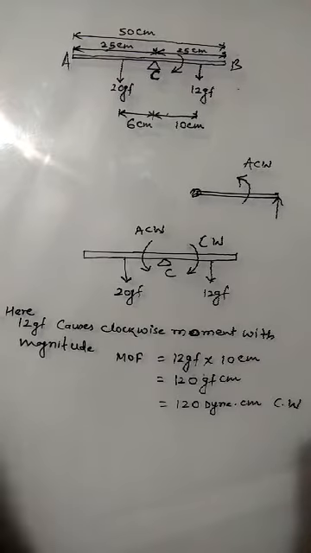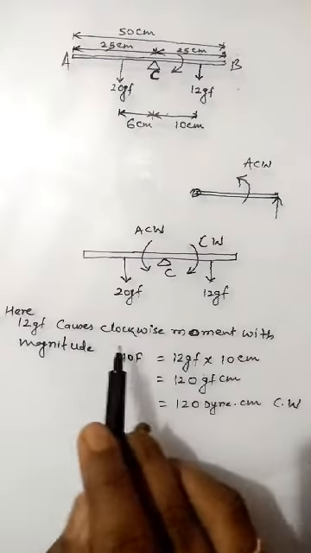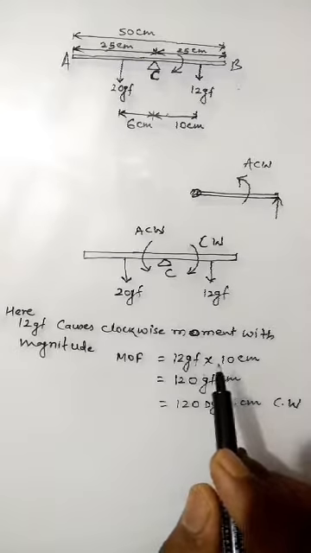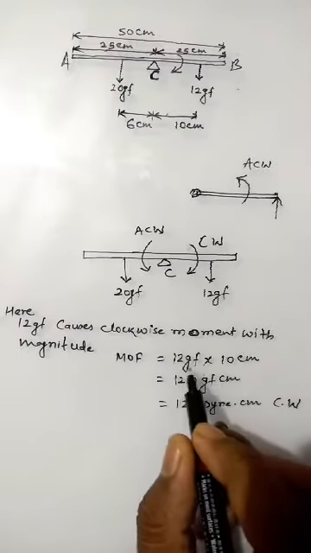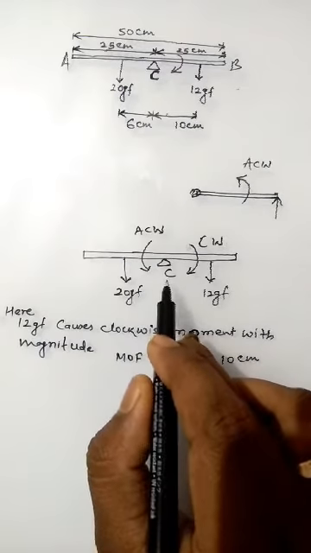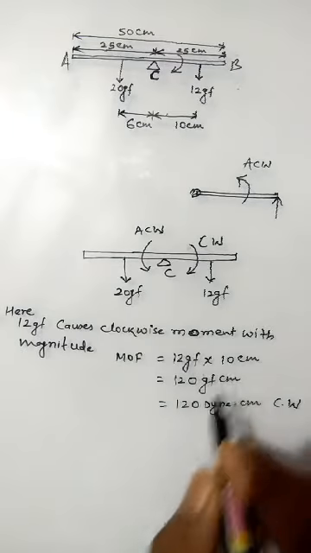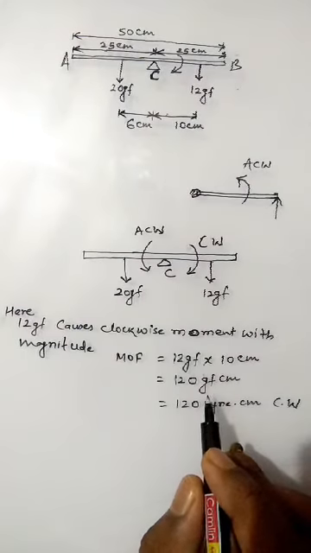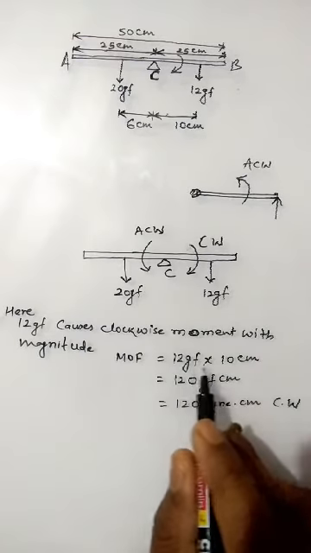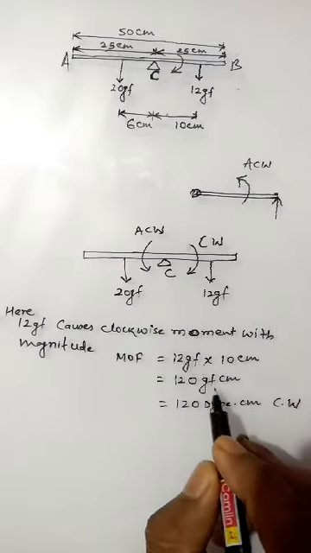Here the 12 GF force causes clockwise movement, and the magnitude of this moment of force is 12 GF into perpendicular distance of this force from the pivoted end, which is 10 centimeter, which is 120 GF centimeter.